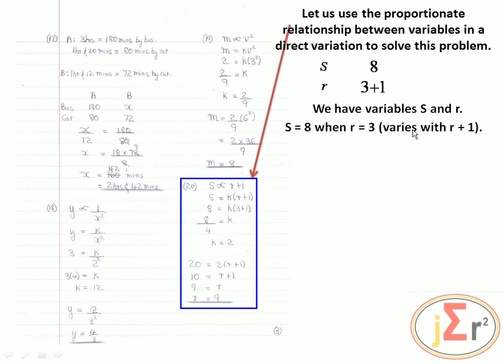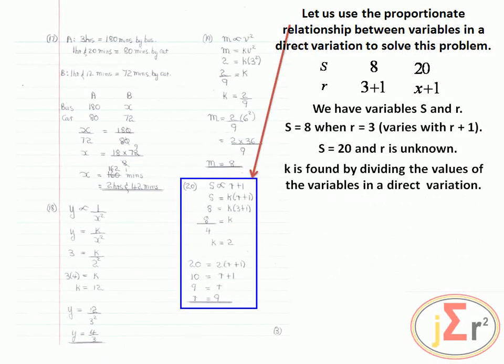Because we are saying that it varies with r plus 1. So 3 plus 1. When r is equal to 3, we have 3 plus 1. So that is what we have right there. S is equal to 20 and r is unknown. Like that. R is unknown, so we give r the popular unknown x.